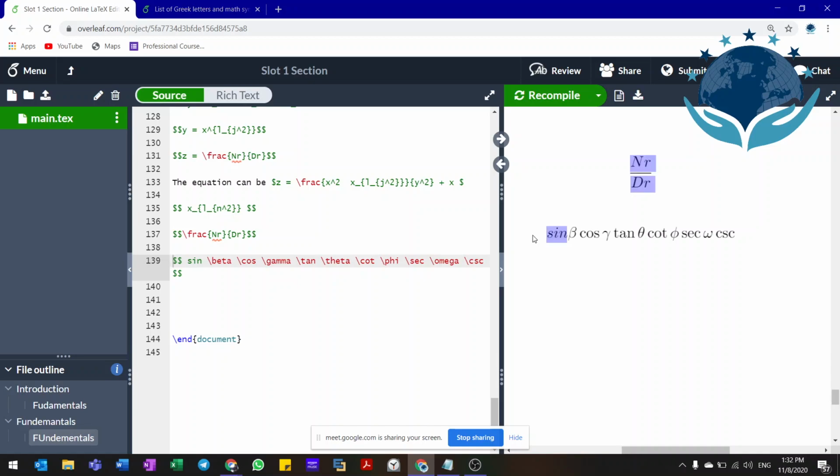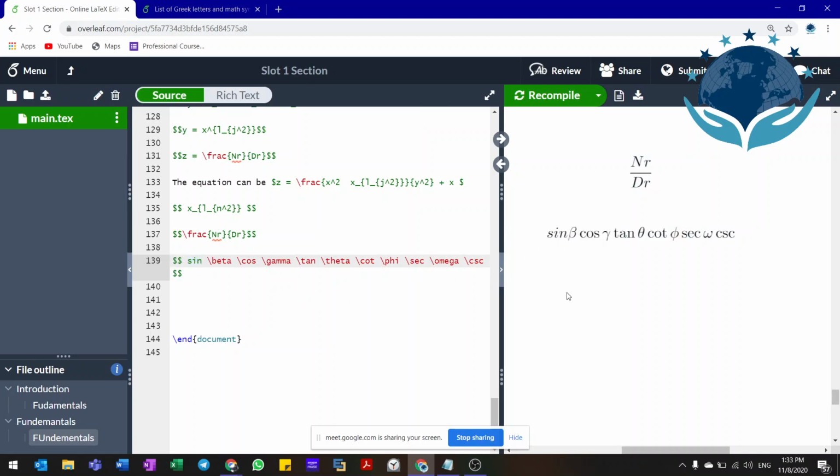If you don't use any slash symbol, it will treat it as normal text. If you give any normal text inside the math symbols, it will be treated as italic, the mathematical way it is represented.